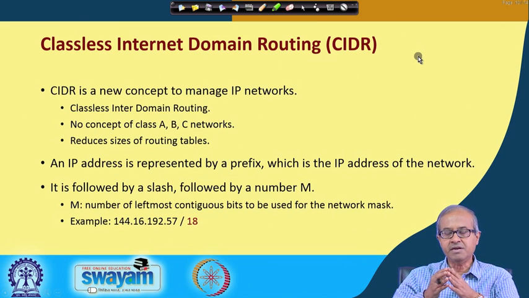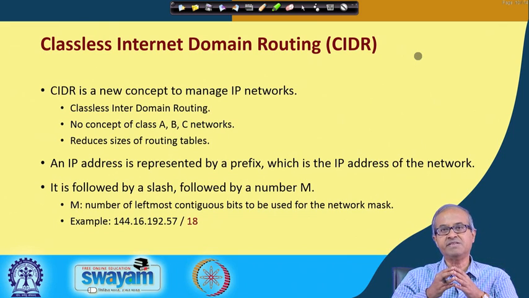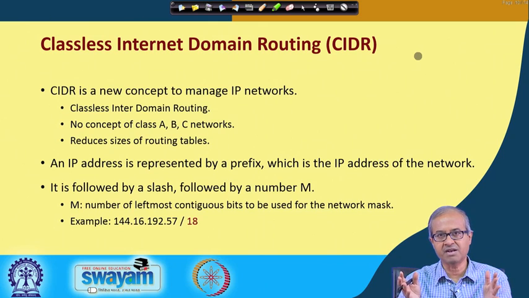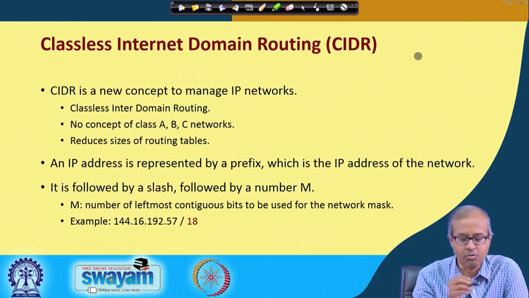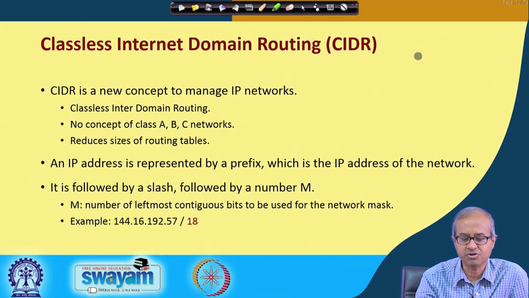Now, there is another type of addressing you can use instead of class A, B, C, or VLSM, which is an extension of that basically. You take one address class, on that you use variable size masks. But now, we are using another philosophy which we are saying classless.